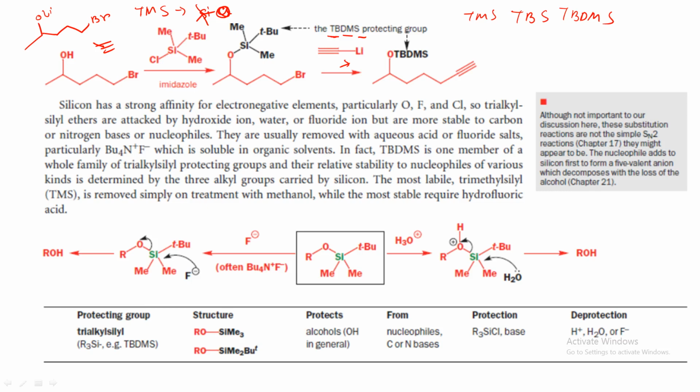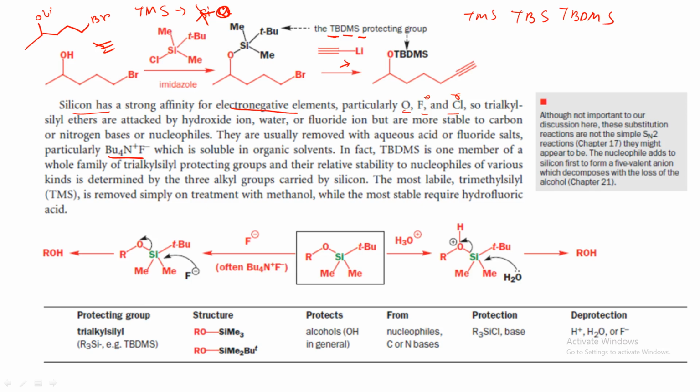For this type of silylated protection groups, the most famous or useful reagents to deprotect them are fluoride based reagents. Like here you can see tetrabutylammonium fluoride. This F minus has a stronger affinity to silicon. As you can see, electronegative elements like oxygen and fluorine have strong affinity towards silicon. If this kind of species are in your system, silicon can easily be attacked.